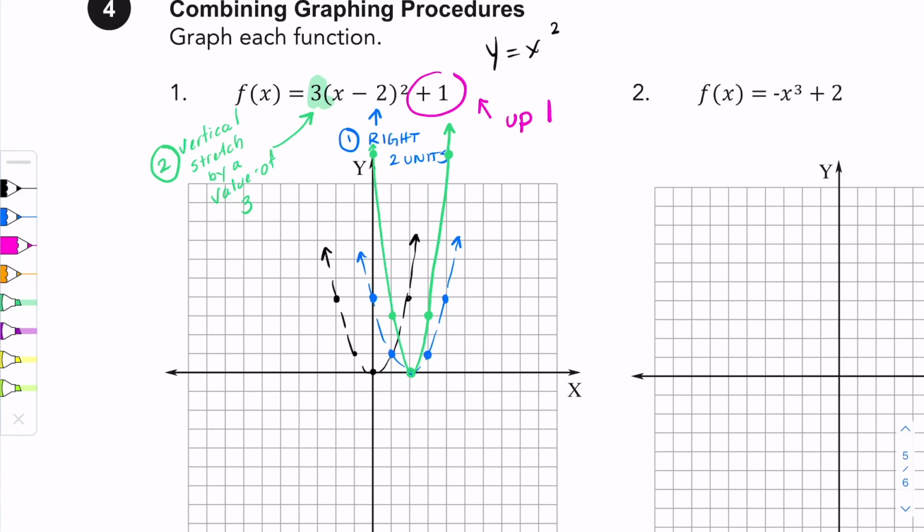I take every point on that green graph, the second step there, and I shift it up 1 unit. I'm going to forget about those top 2 points just because they fall off the graph on my paper. So I'm going to come down here and I'm just going to plot every point up 1 unit. My final graph will only have these 3 points on it, but I can still see that I have the U shape. So I am all set. That's good enough for my final answer.